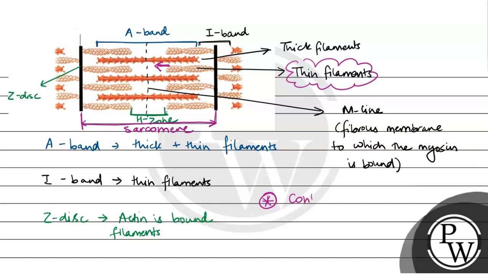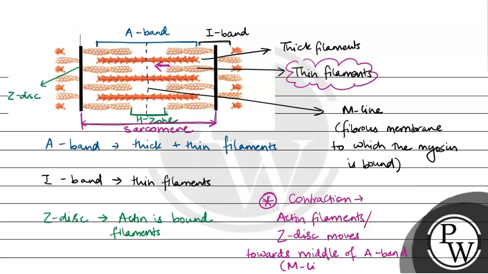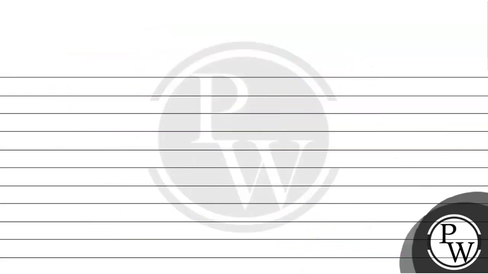So during contraction, actin filaments, or we can say the Z line or the Z disc, moves inwards or moves towards the middle of the A band, which is known as the M line.